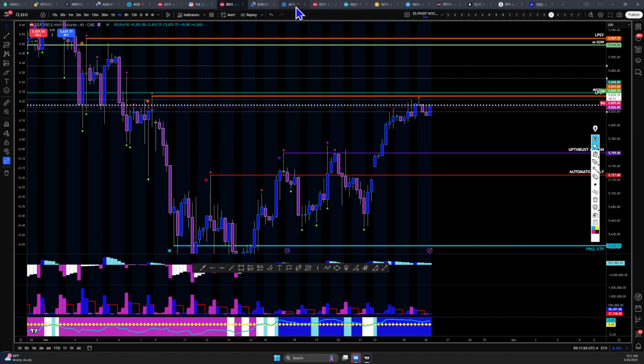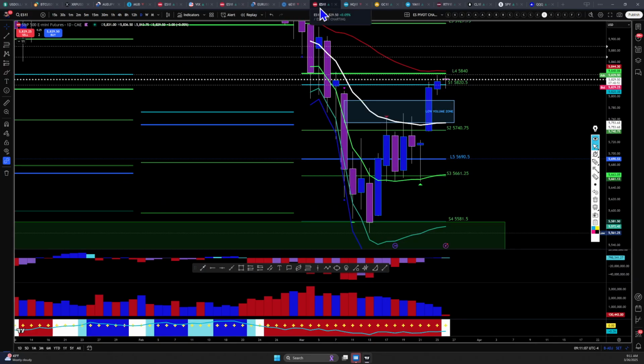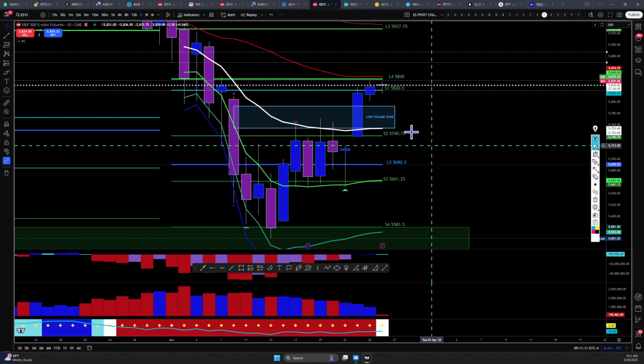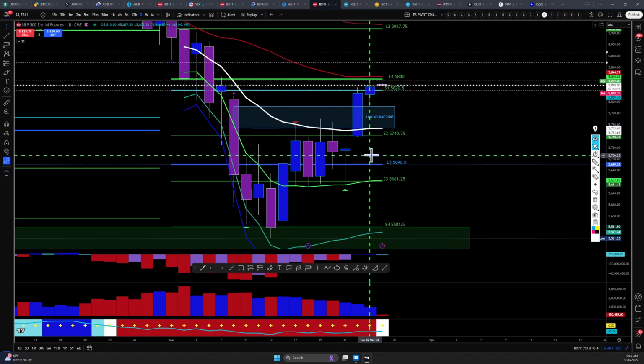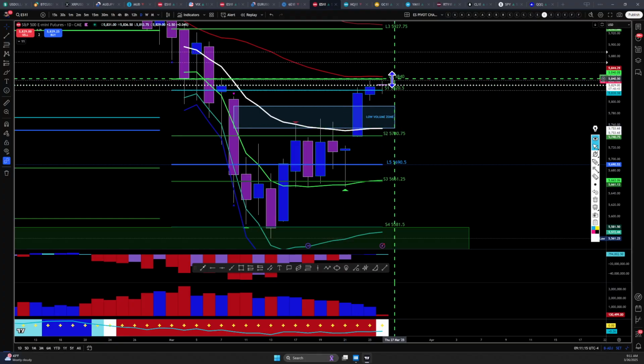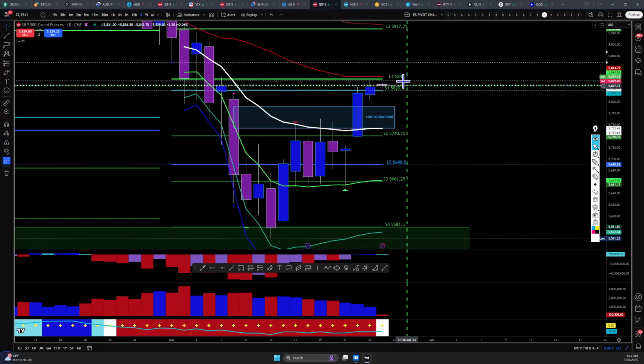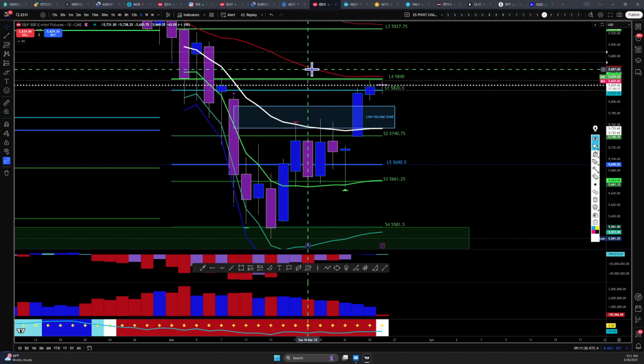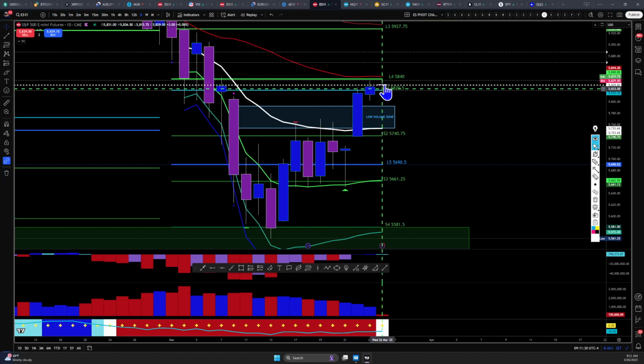Going over to the daily chart, we have some floor pivot and Camarilla levels. We have floor Camarilla S4 at 58.40 and floor pivot S1 at 58.20.50. We have this first upper deviation resistance coming down here.